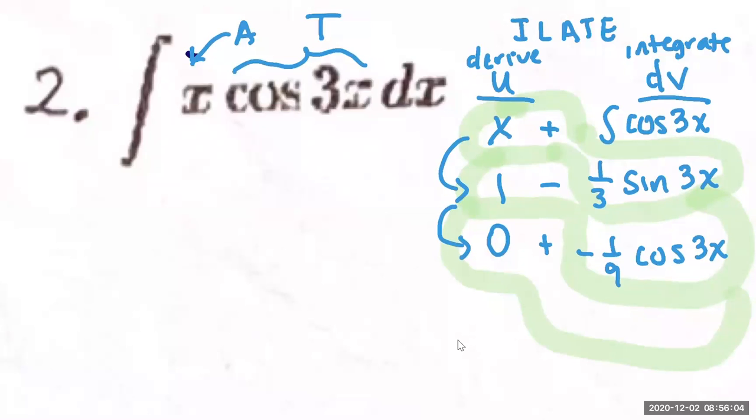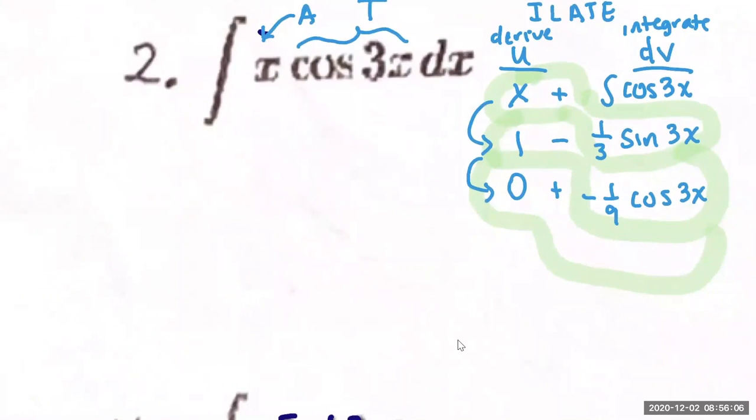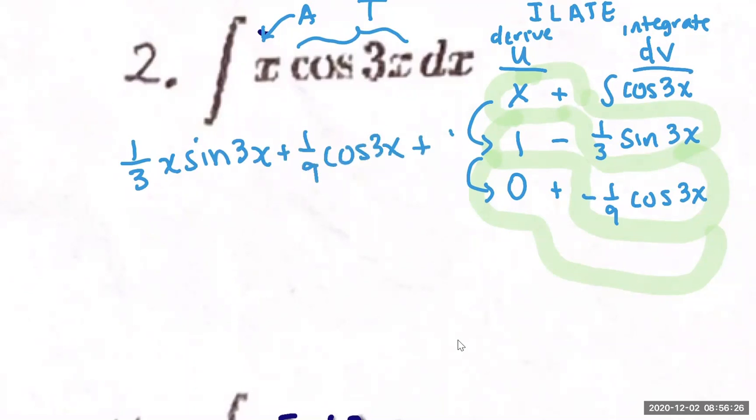Our final answer would be x times positive 1 times 1/3 sine of 3x, so 1/3 x sine of 3x. Then a negative times a negative is positive, so positive 1/9 cosine of 3x, plus c.